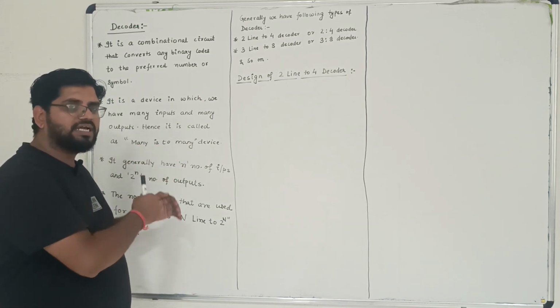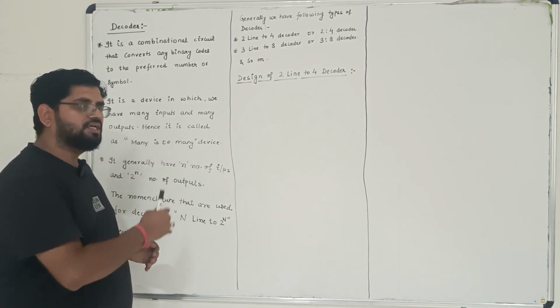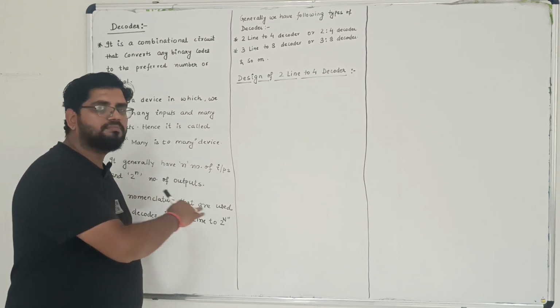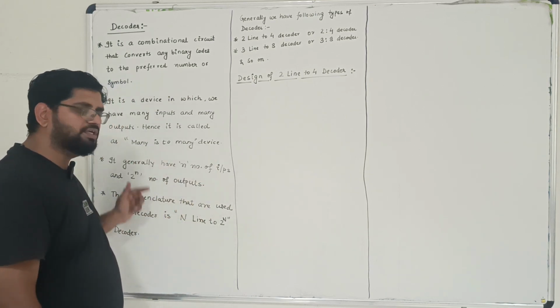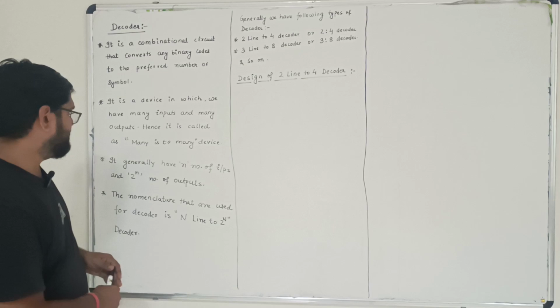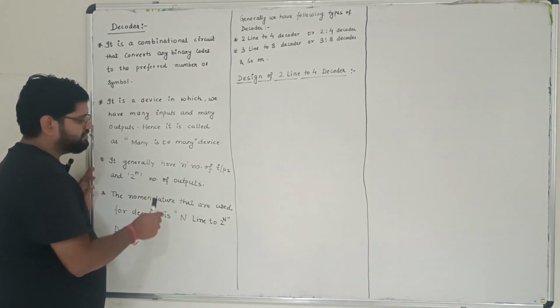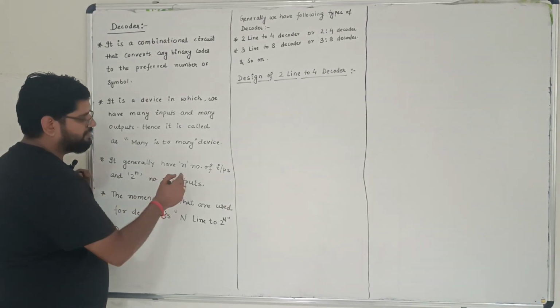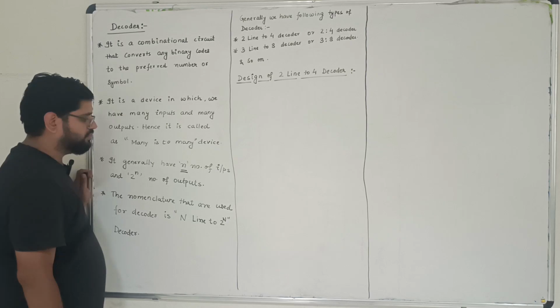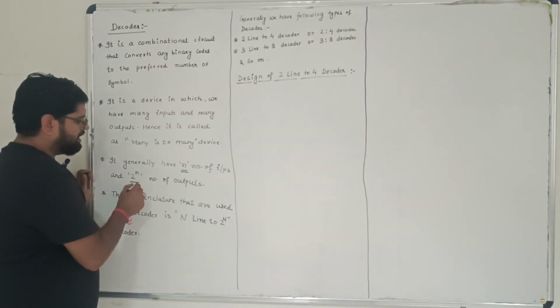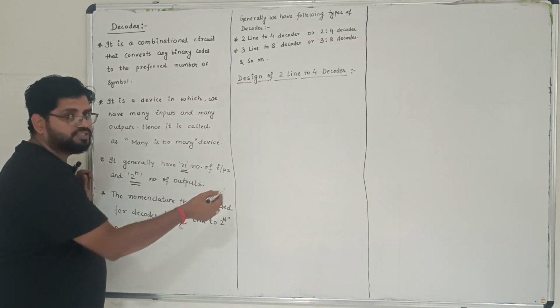Because here we have a set of binary inputs and it produces a number of outputs depending on the inputs. In general, if we have n binary inputs, a total of 2 to the power n outputs are present.